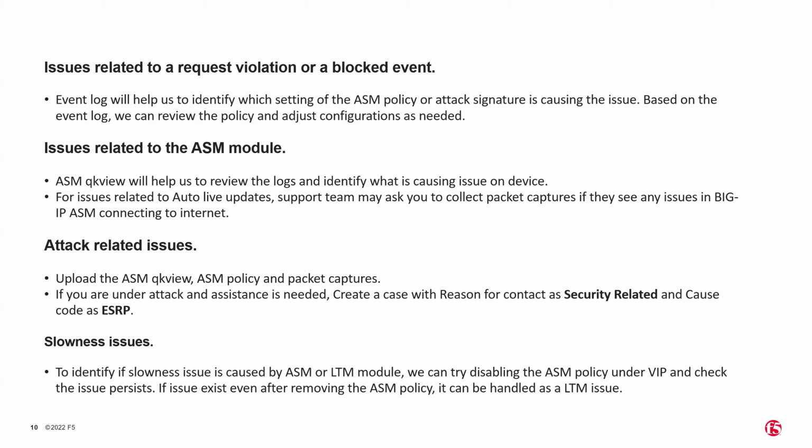It can be troubleshot as a general LTM slowness issue, which any LTM engineer can work on. But if the issue is not seen without the ASM policy and only appears with the ASM policy, then the ASM engineer will take over and work on it.